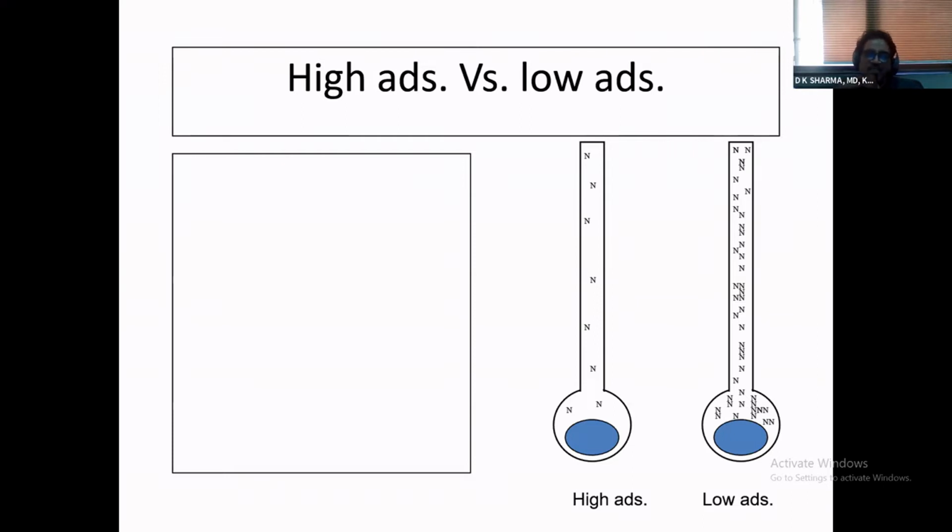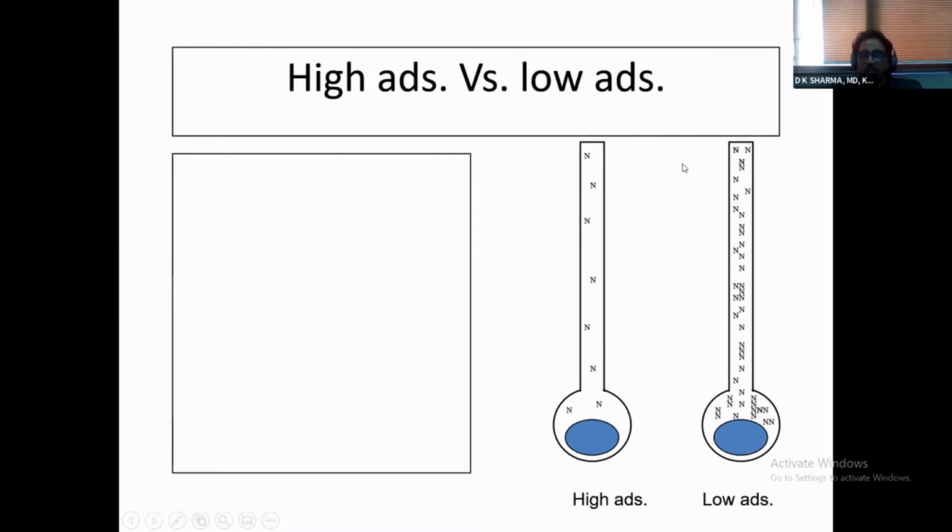There are low surface area materials and there are high surface area materials. Roughly, it translates to low adsorbing materials and high adsorbing materials. By the way, one more thing which I missed out: how does the instrument calculate volume adsorbed?